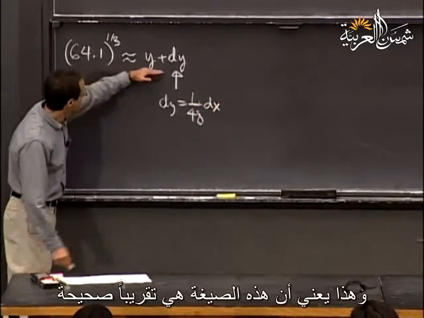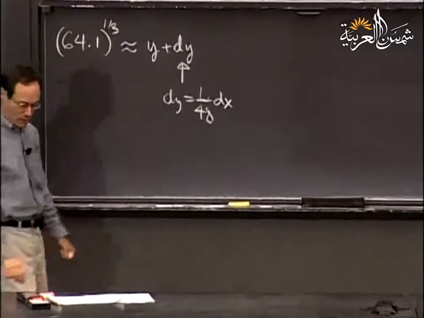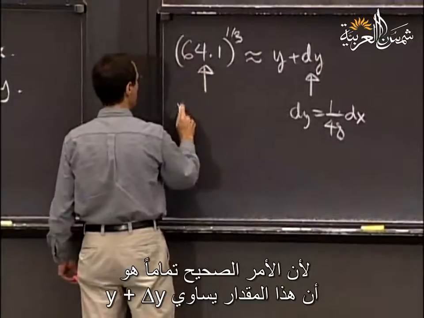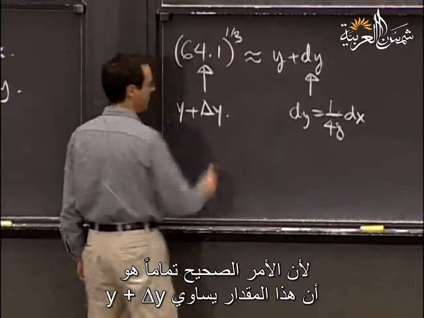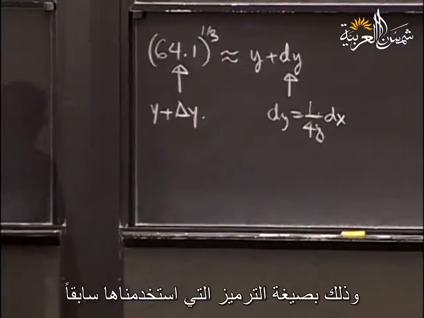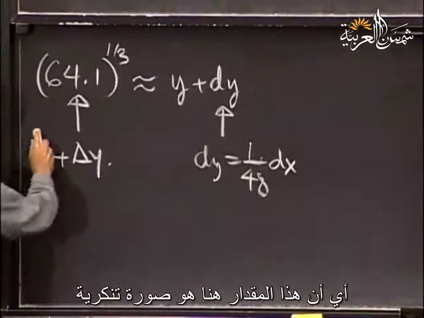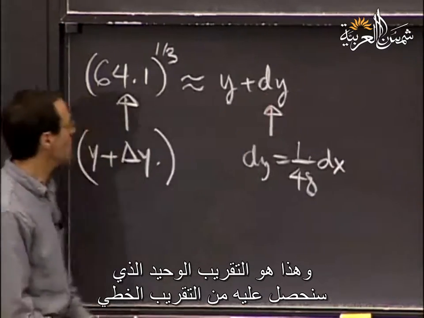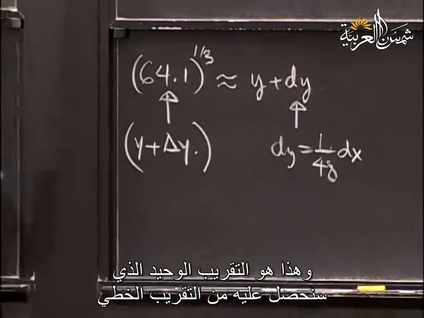And this is only approximately true, because what's really true is that this is equal to y plus delta y in our previous notation. That's what this is in disguise, and it's only approximately equal to what the linear approximation would give you.